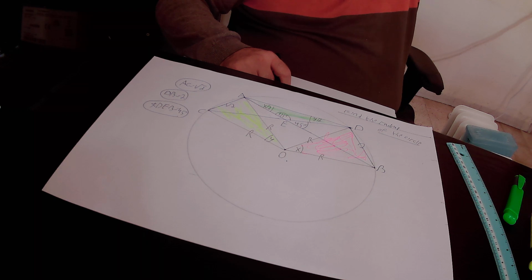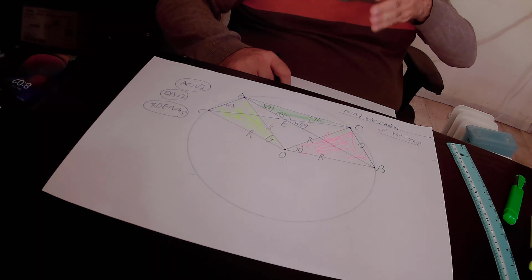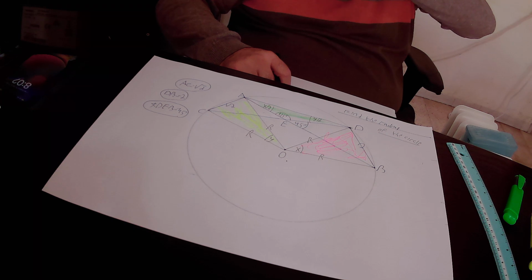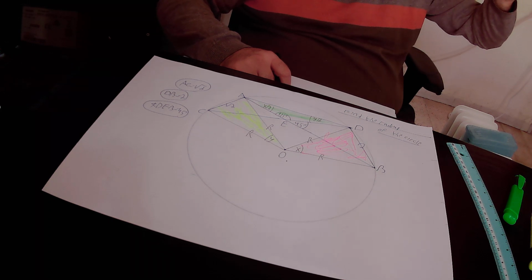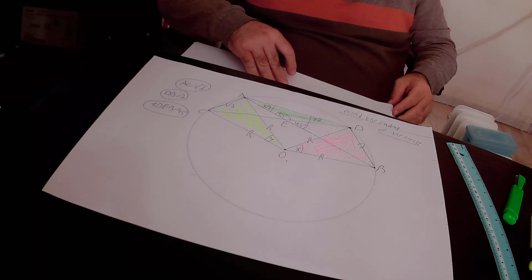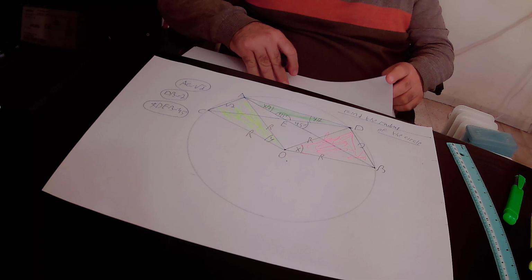We also know that the diameter of any circle is the longest chord of the circle. Therefore, the diameter 2r must be greater than DB, that is not the diameter, very simple.